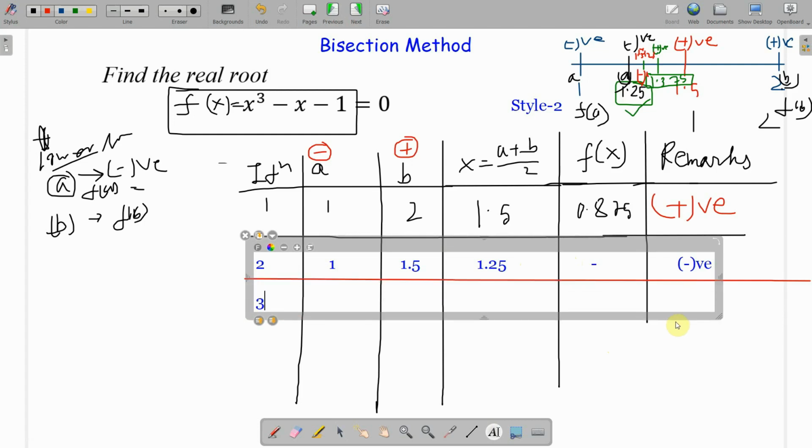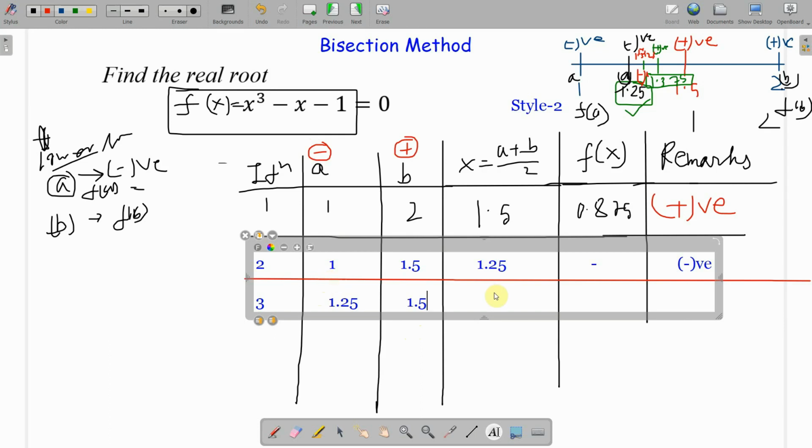Now for the third iteration, you are getting a negative value, so what you will do, you will update the negative point. What is the negative point? A point is your negative point, so this will be 1.25. Sagnik, confirm with me that I am doing right, and it will be fixed, because if negative came, I will change the negative. In this iteration if negative came, in the next one I will change the negative.